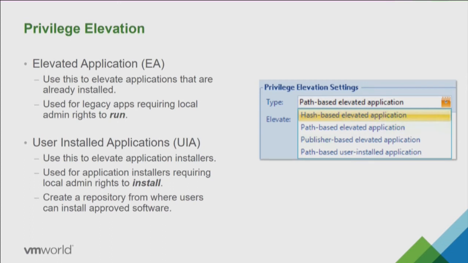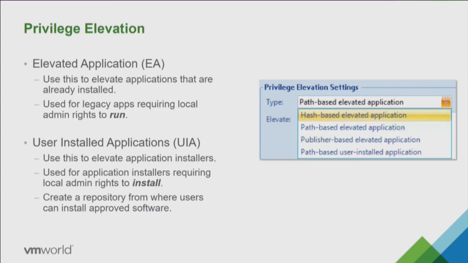But you can do that for running the application. So for an old application that requires higher administrative level permissions, you can do that. You can also do it for installing an application. So you can allow users to install applications even if their Windows permissions would say they can't, but you can build this and limit it to the applications you want them.